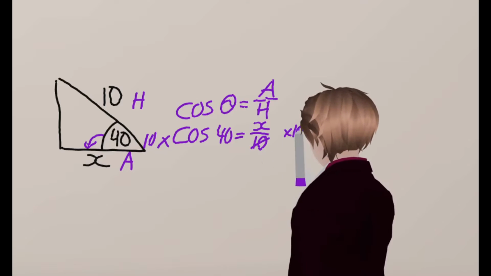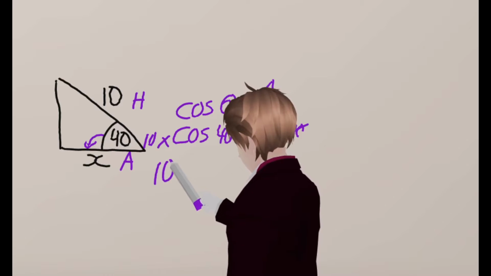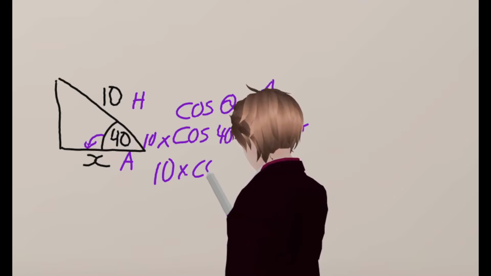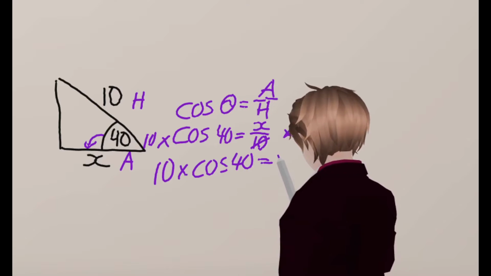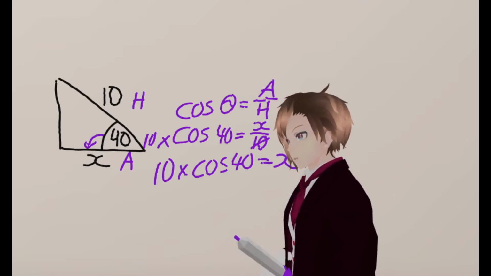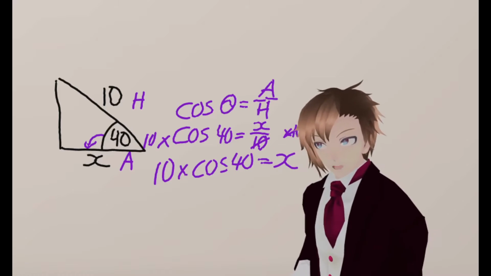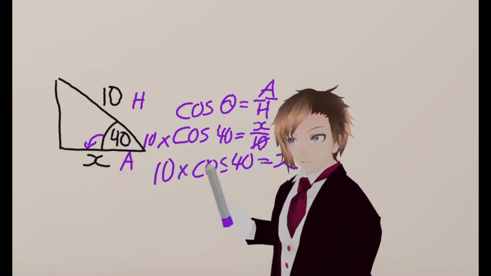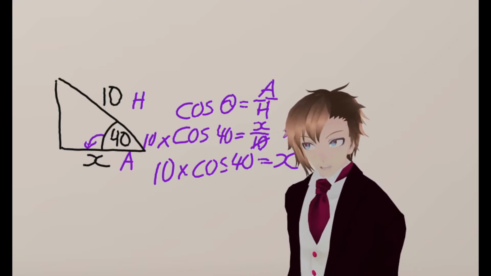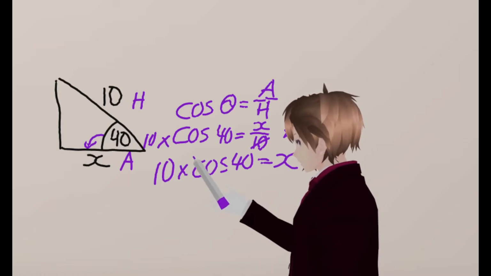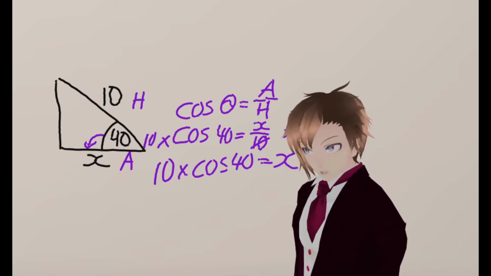So then this 10 is going to cancel with this 10, and we're going to end up with 10 times cos 40 is equal to x. Now, this is a good habit to get into. I put my 10 times on this side, and this is just to make sure that I don't end up accidentally doing 40 times 10, because we want 10 times cos 40, not 10 times 40.